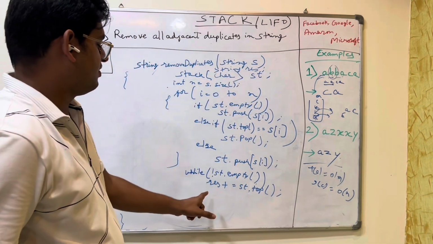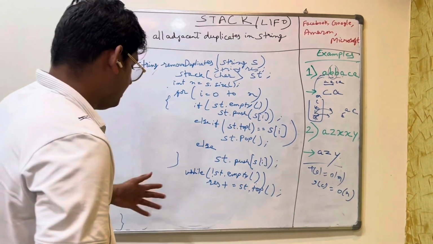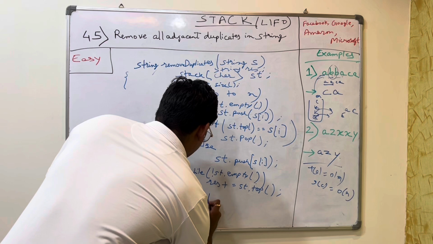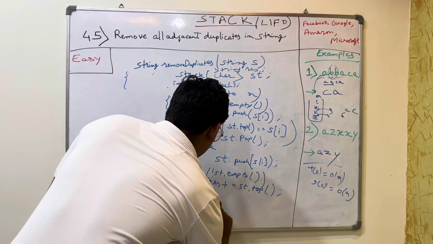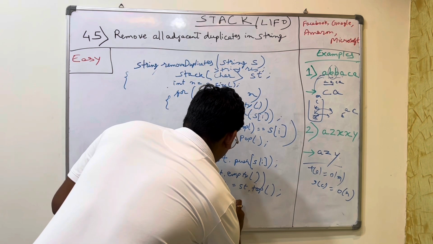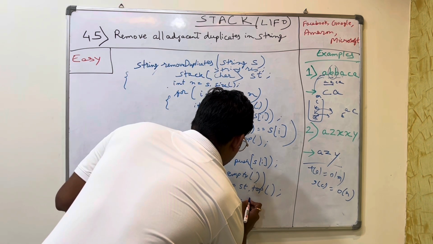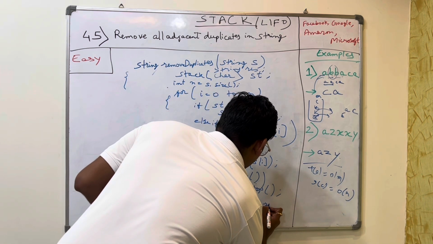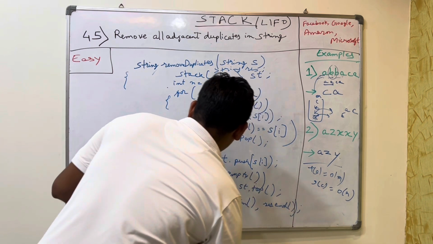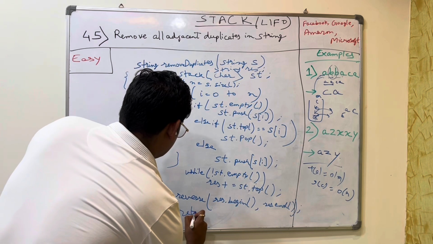So in this result we'll have all the values, and then we need to reverse the string, right? You know how we reverse in C++: reverse res dot begin, this is the STL library, you must know this library, res dot end. Okay, and then return res.